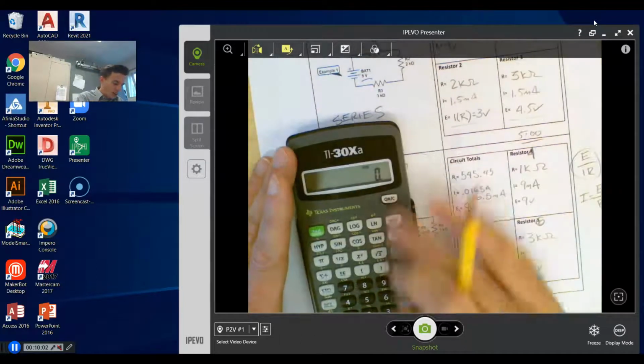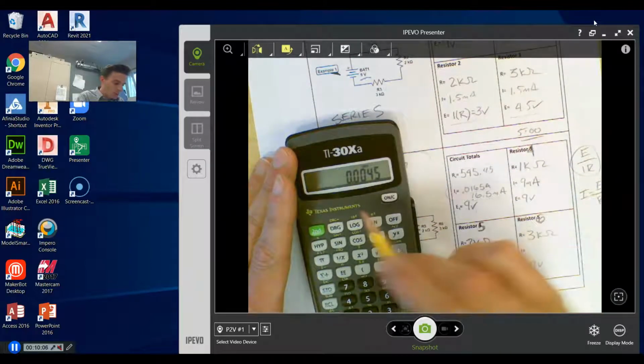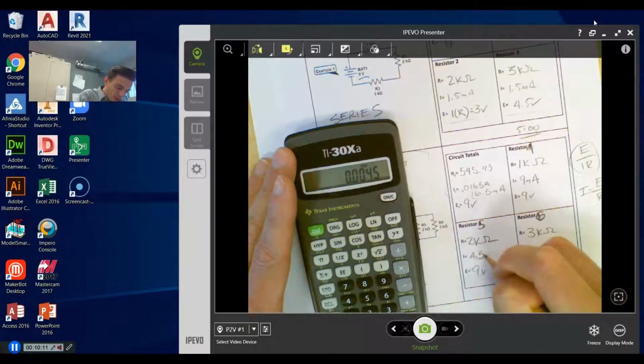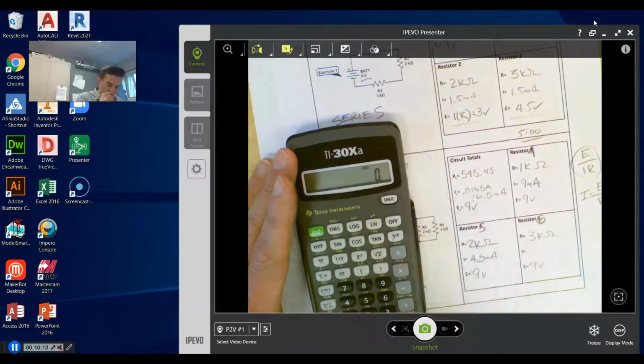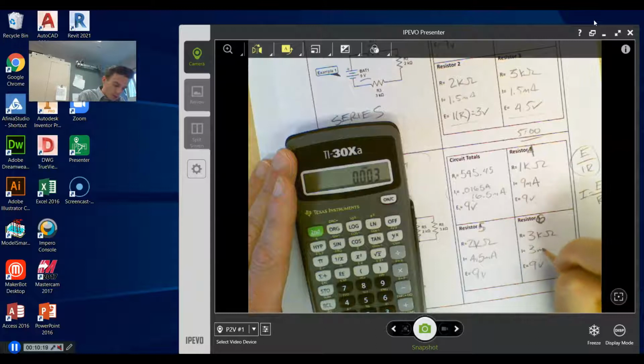The next one, we have 9 divided by 2,000, which is equal to 0.0045 or 4.5 milliamps. And then lastly, we have 9 divided by 3,000, which is equal to 3 milliamps.